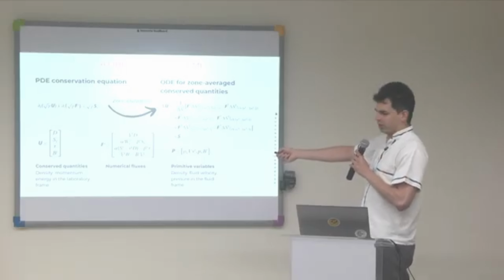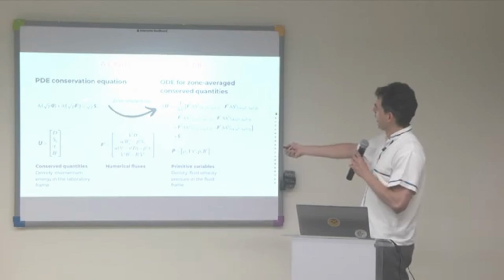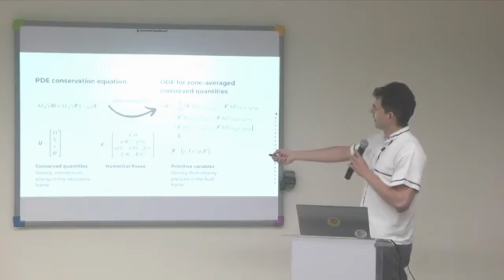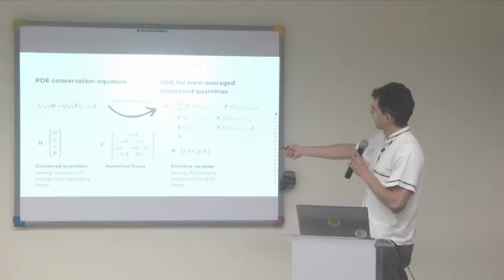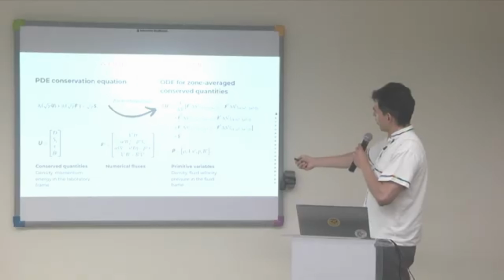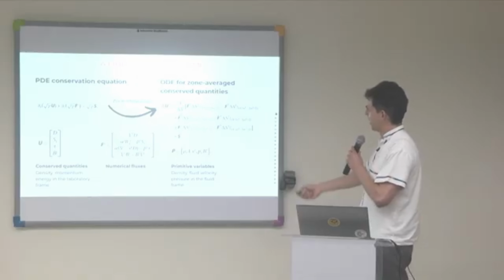We can integrate over zones and transform this equation into an algebraic relation. So we still have the temporal derivative, but the spatial derivative we have transformed into the evaluation of fluxes at the interfaces.